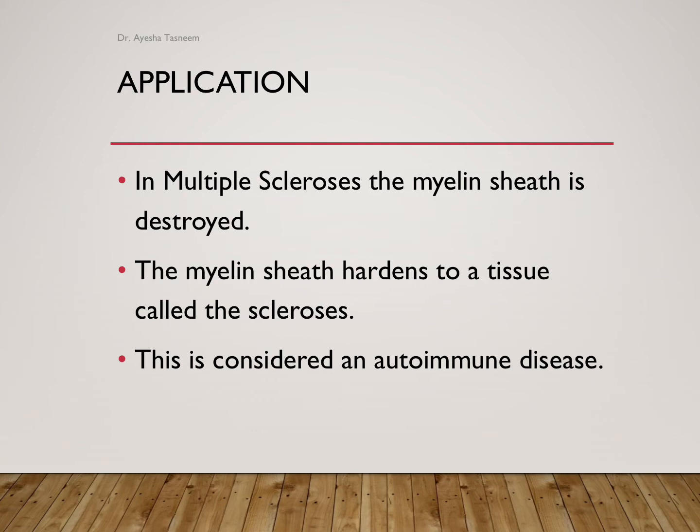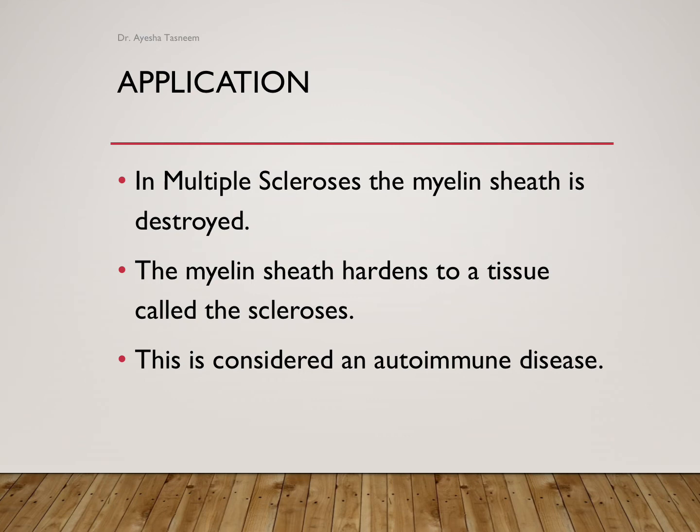The clinical application includes multiple sclerosis, in which the myelin sheath is destroyed. If the myelin sheath is destroyed, the perception of the nerve becomes distorted, and a small stimulus can give much more enhanced reactions.